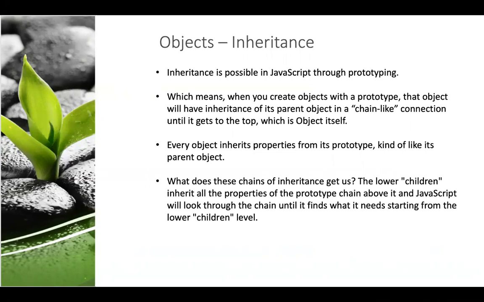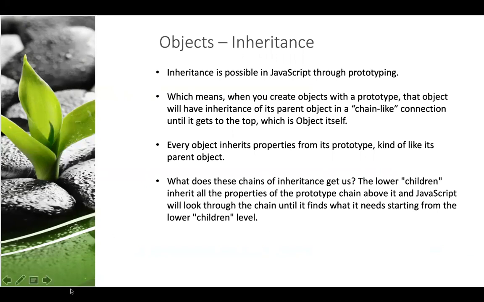The buck stops there. So every object inherits properties from its prototype, kind of like its parent object. What do chains of inheritance get us? The lower children inherit all the properties of the prototype chain above them, and JavaScript will look through the entire chain until it finds what it needs.